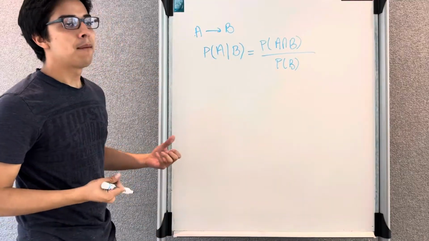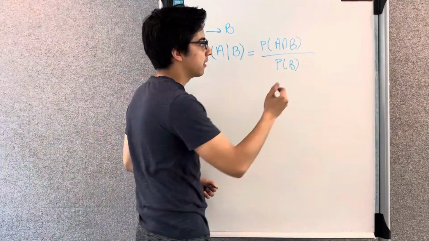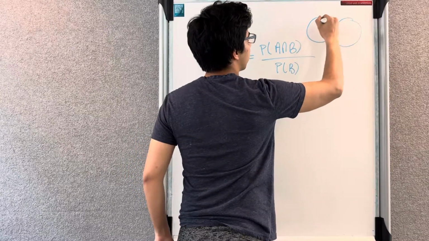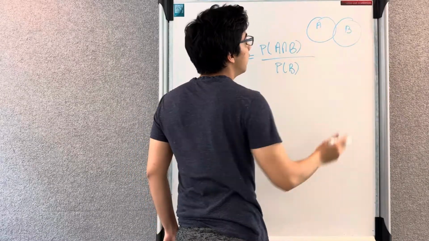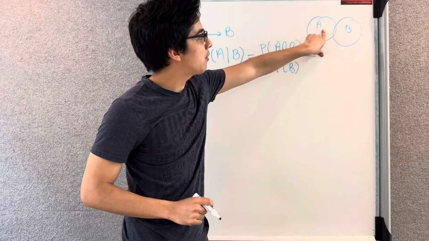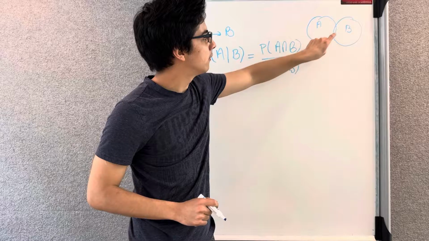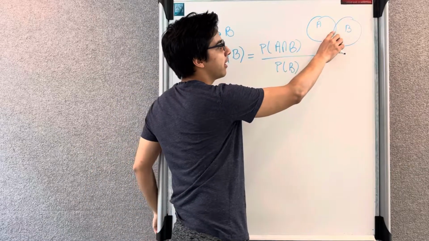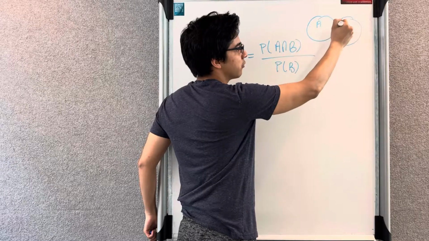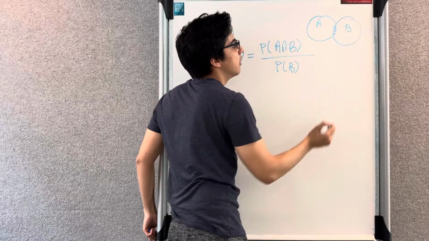Now, a visual way to see this is that we have our two events A and B. We are only interested in this little part here, which is the probability that B has happened and A has happened, so this is the probability of both happening.